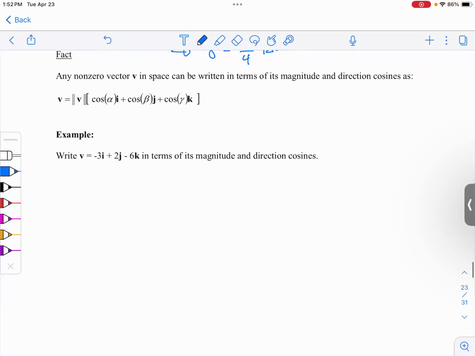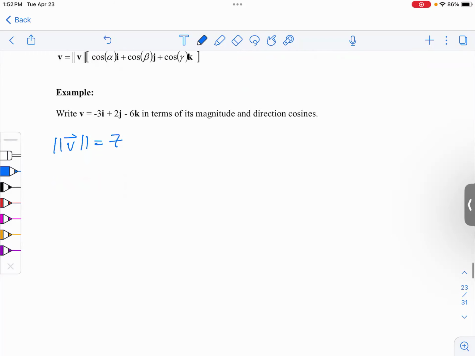So if I have my vector v, again, same vector, and the magnitude we've calculated multiple times now. And we have a nice magnitude here. A lot of times these end up with square roots, but I wanted to use nice numbers.